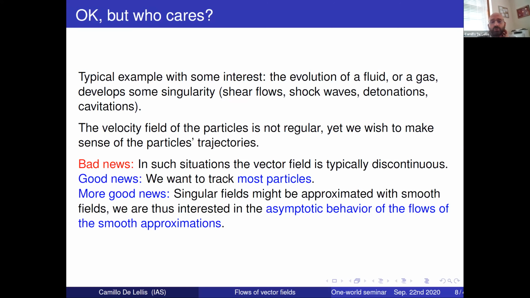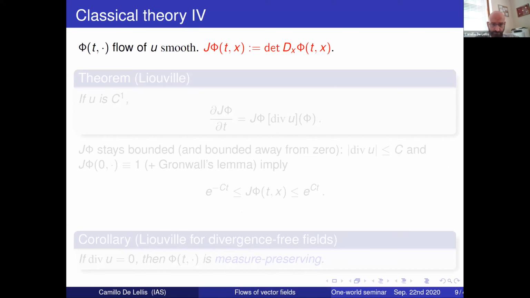Okay, and another good news is that actually you might also have a very simple principle to understand what type of flow you want to define, even in this non-smooth situation, because it's often the case that your singular vector fields can be approximated by something which is smooth. And so in a lot of these situations, what you're really interested in is the asymptotic behavior of the flows of the smooth approximation as you get your vector field closer and closer to the singular one.